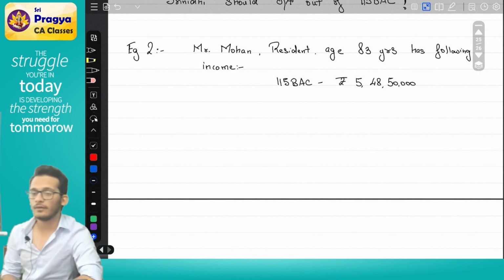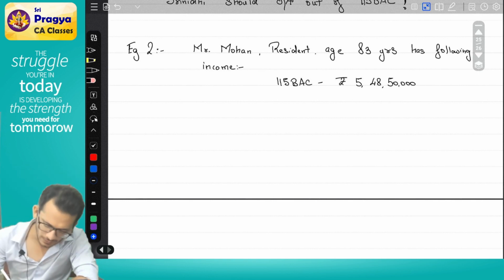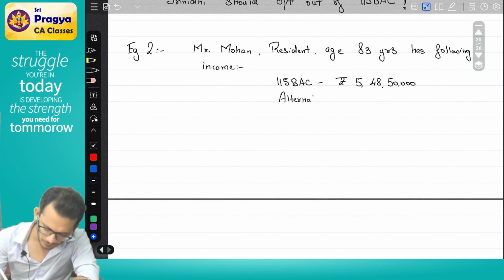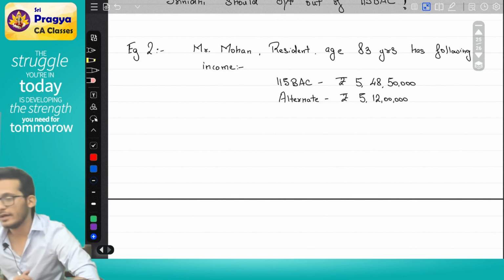Under the alternate regime, it is 5 crores 12 lakhs.